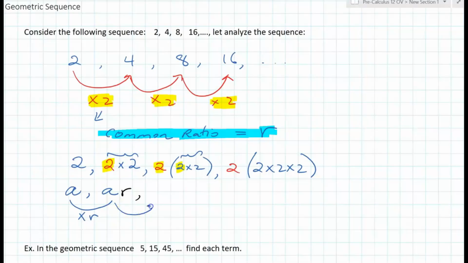And then from there to there, we're going to multiply it again. So we will get a times r, and then r again. And then you keep doing that, and you notice the pattern. You'll get a pattern that is created, and it will be very obvious when we write this in a compact form.